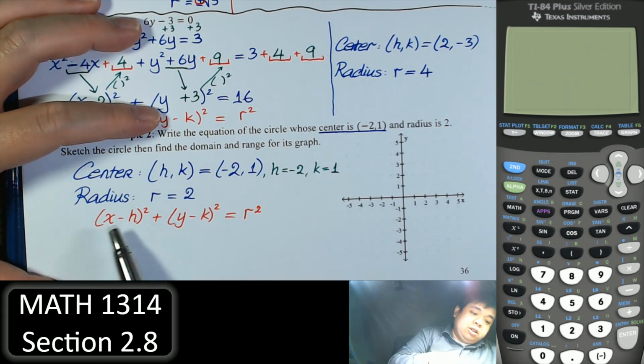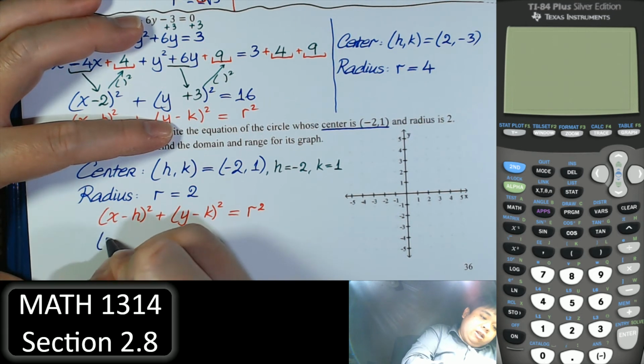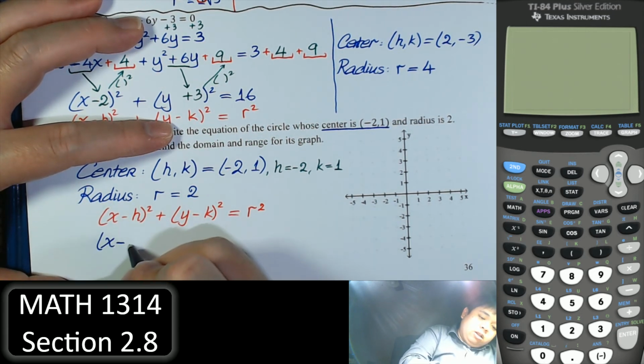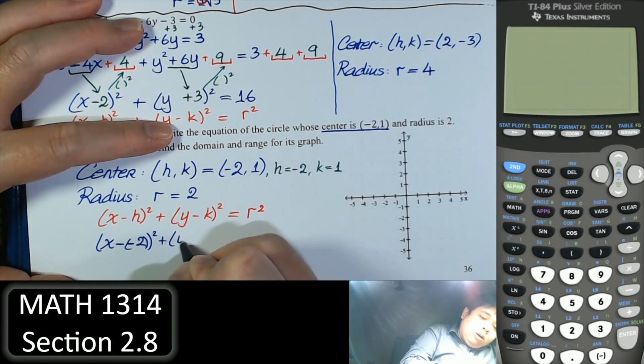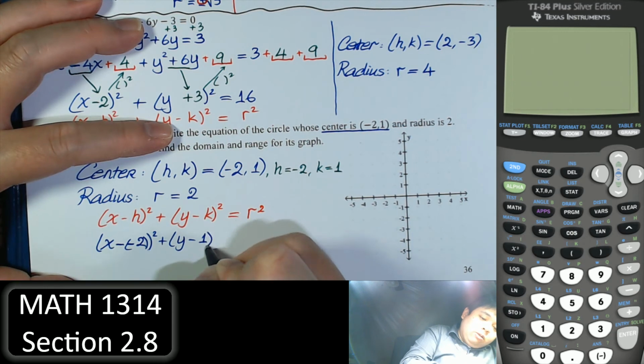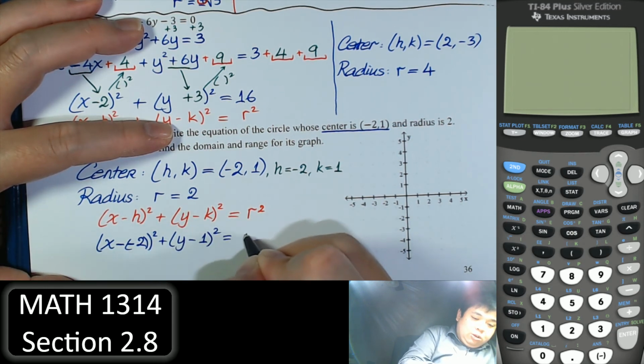I can substitute into the equation: x minus negative 2 for h, and y minus 1 for k, equal to 2 squared.